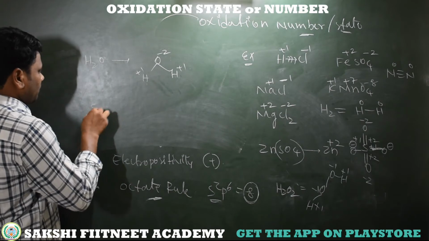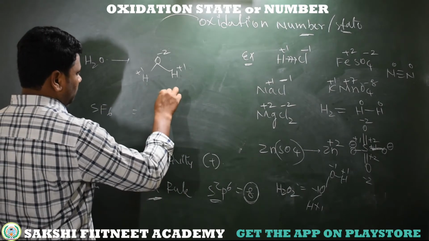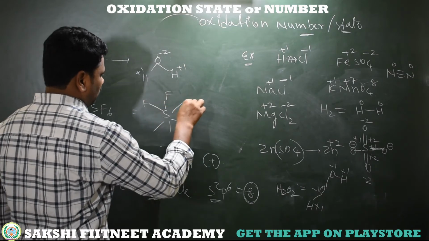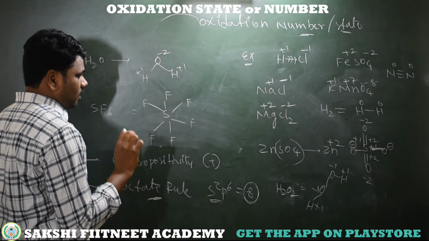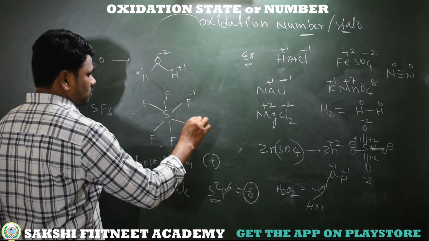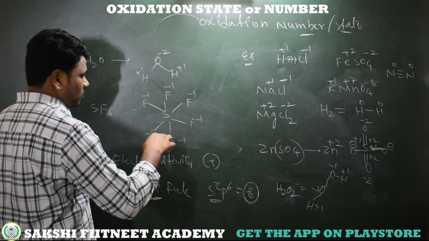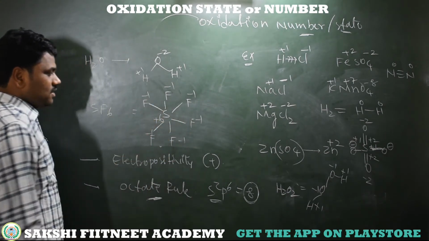Now I am taking here SF6, so sulfur bonded to 6 fluorine atoms. So with respect to each fluorine, each fluorine gives -1. 6 fluorines are there, so obviously sulfur becomes +6.